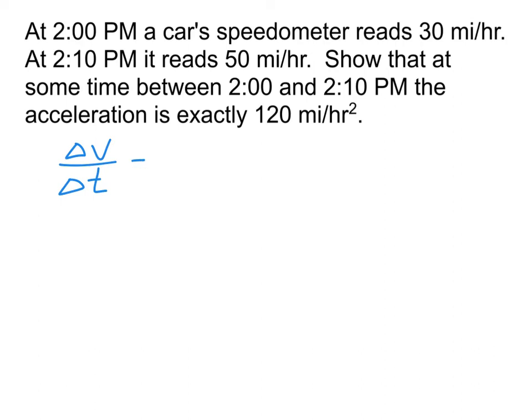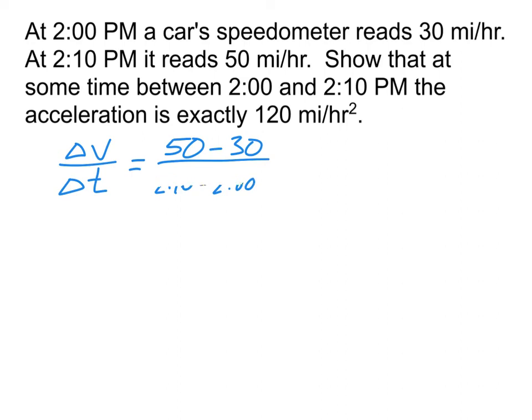Because here, delta v, well, that means I'm going from 50 miles an hour to 30 miles an hour, so I can subtract those. But the reason why I like the delta notation here is because to me it's a little odd to write 2:10 minus 2 o'clock.